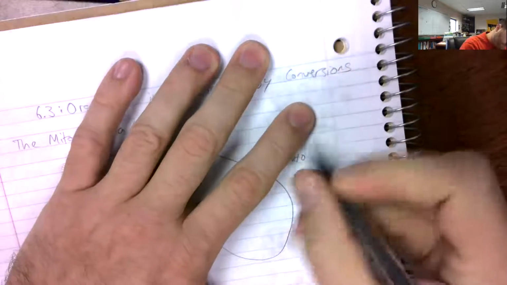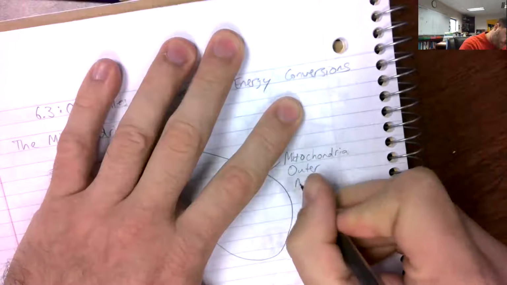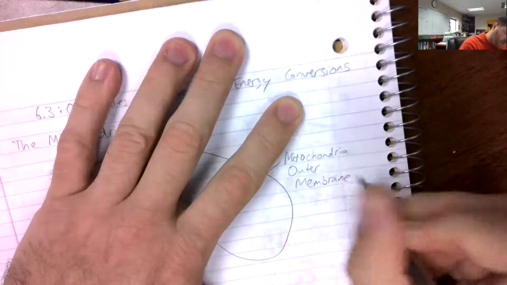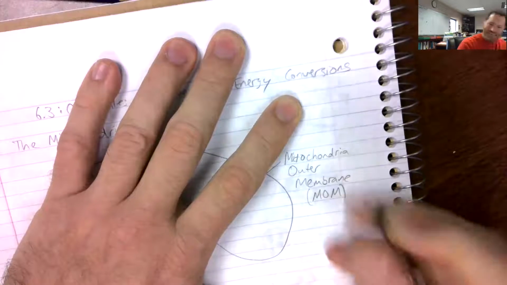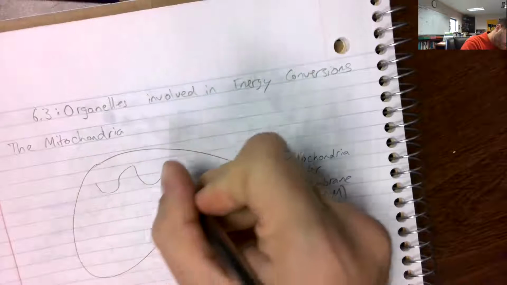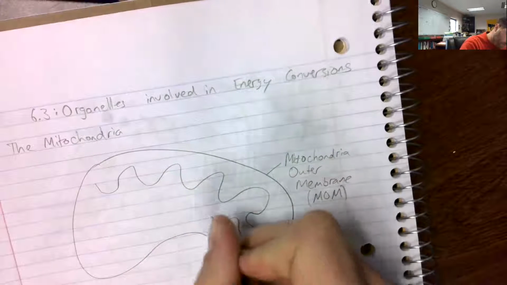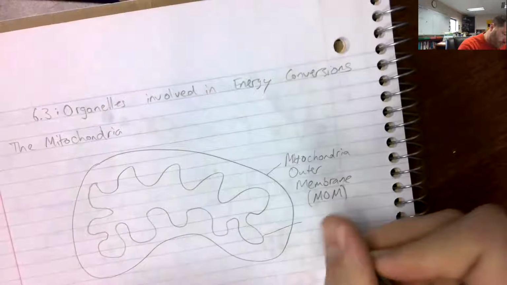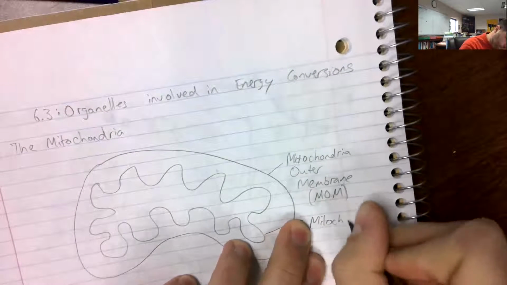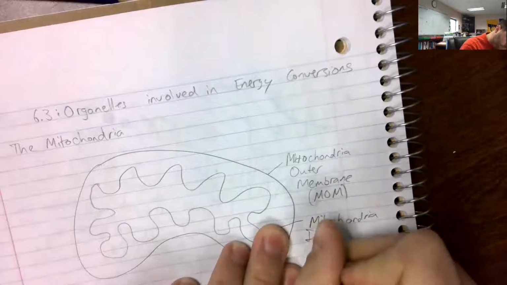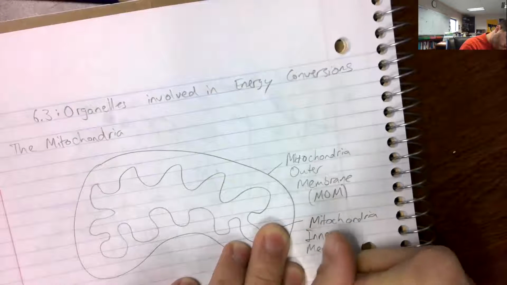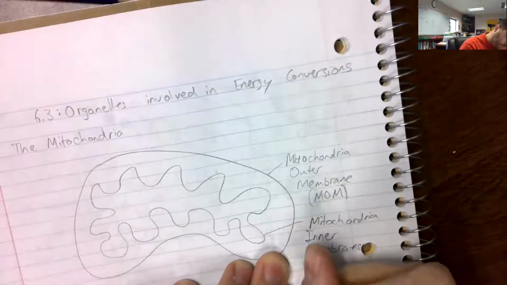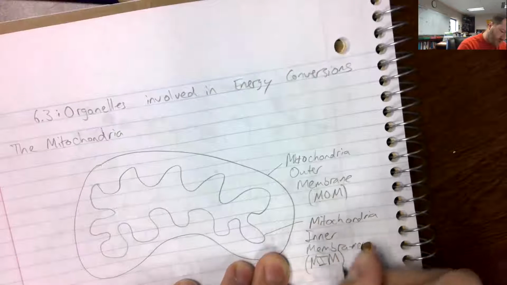The mitochondria outer membrane, also called the mom, and the mitochondrial inner membrane, which is called the mem.